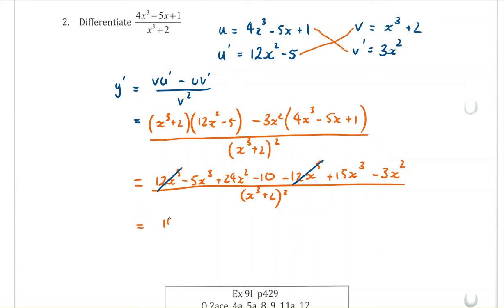So that will be a positive 10x cubed. Then looking at the squared terms, I have 24x squared minus 3x squared. So that will make a plus 21x squared. And that just leaves my constant, which is the minus 10. It's only one of them. All over the denominator.